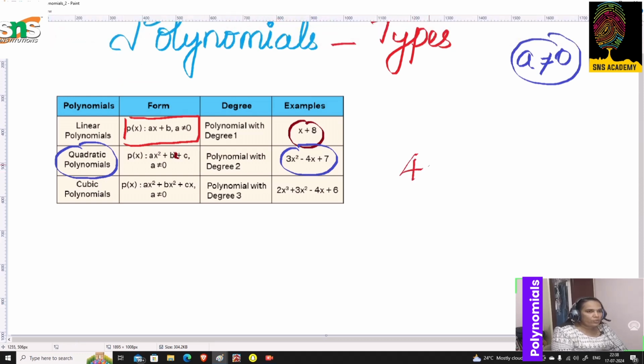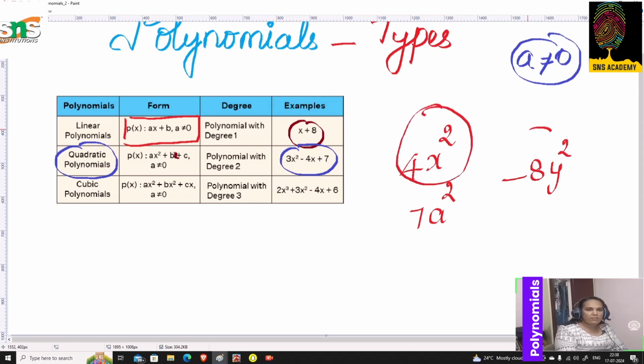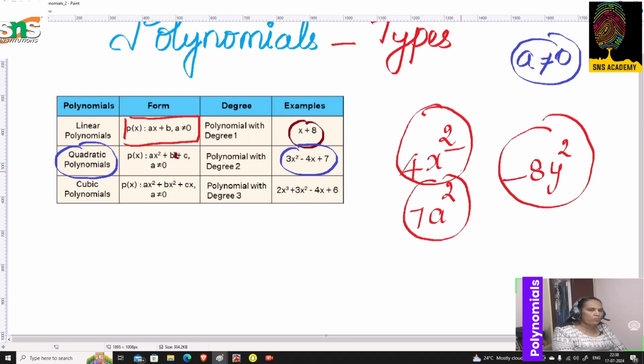For example, just 4x square, or 7a square, otherwise minus 8y square. Even though only one term is available, the degree of the polynomial is 2, so we can call it a quadratic polynomial. The number of terms does not matter here, only the degree of the polynomial is important.